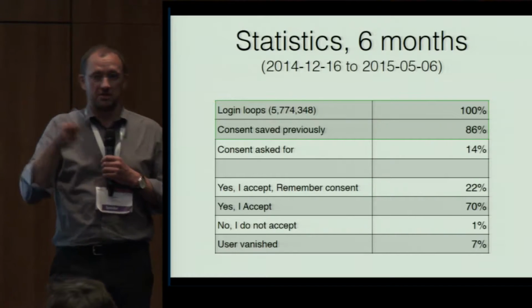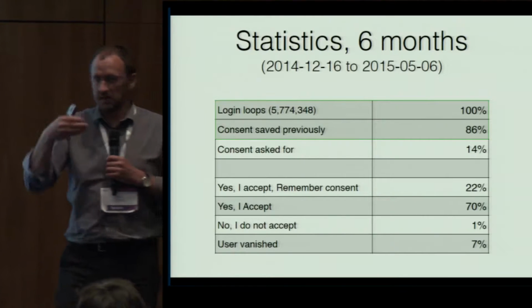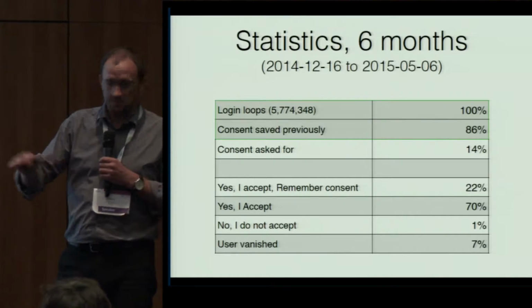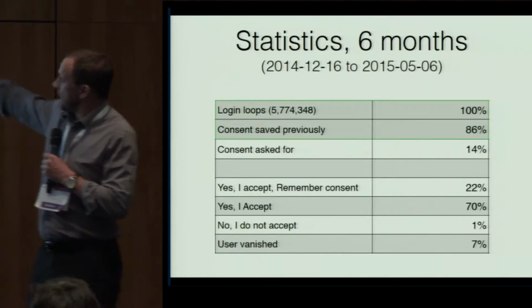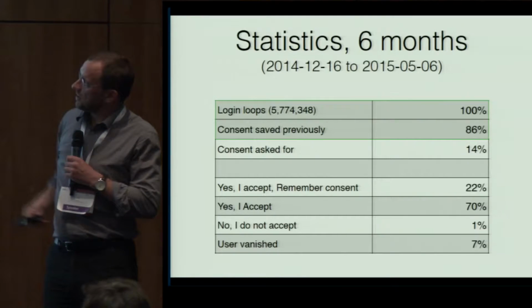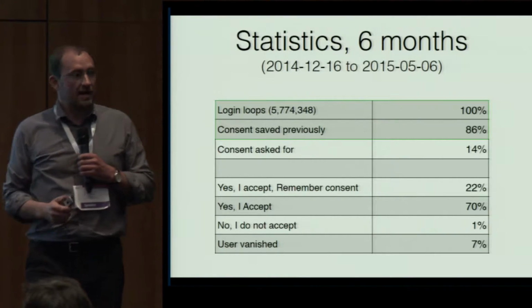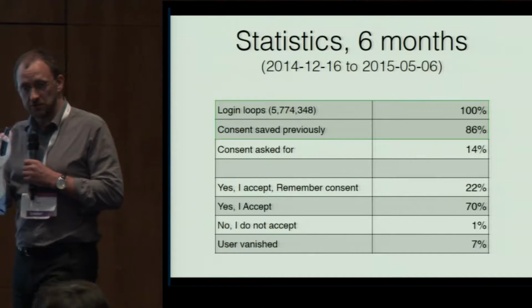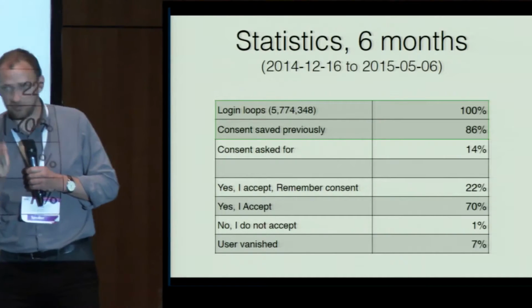If they get married, change their name, change their email address, they will be engaged. They will see it again, but as long as their information stays the same, they will not see it. So 14% of the 5.7 million actually were engaged with this consent dialogue. Those are the numbers that we're going to look at now when we look at the timing of the buttons.